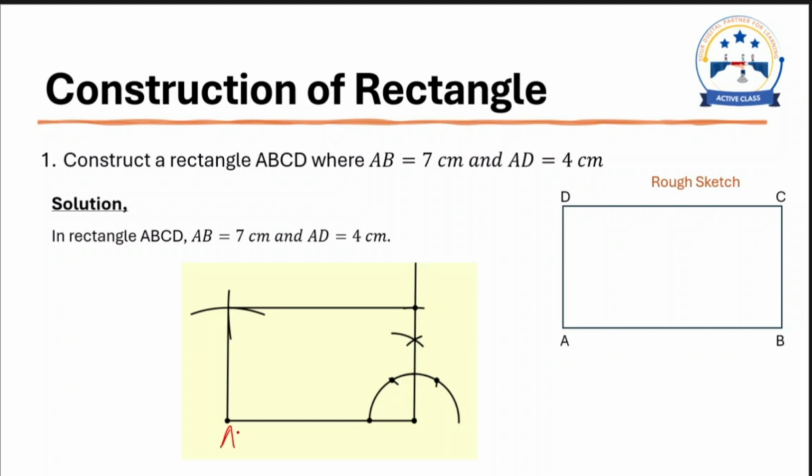This is point A, this is point B, this is point C, and this one is point D. And you know the length of all sides. AB is 7 centimeter and AD is 4 centimeter. Opposite sides are equal. Just mark them. And your rectangle is ready.